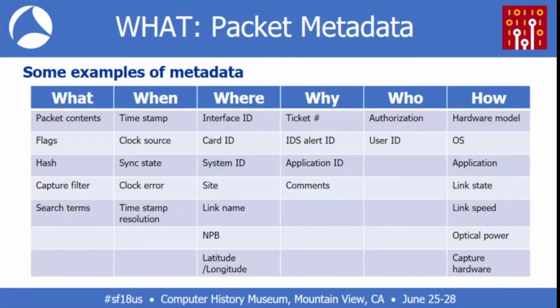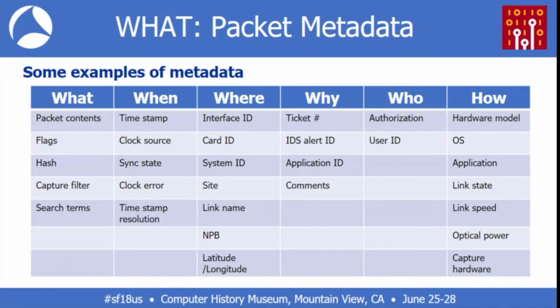So if we try and break down some categories of kinds of things we might want to store into who, what, when, where, how, and why, the same way a reporter might report on a story, if they're any good. I've tried to think of a broad range of different types of information you might need. So information about how something was captured, what the equipment was, who actually did the capture, what was their user ID, was there a warrant associated with that or something?